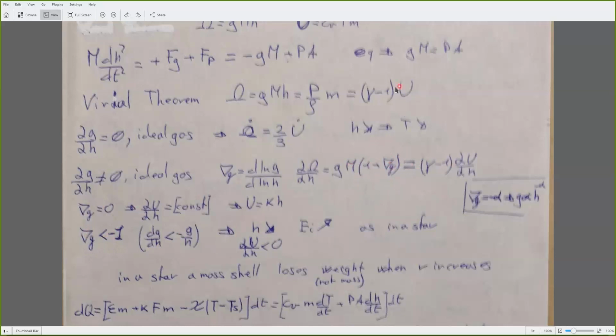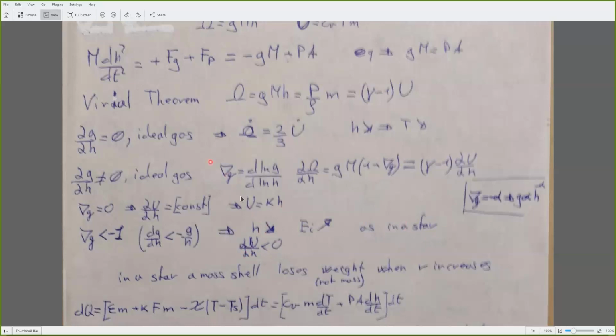So going back to the similar case for the stars, the internal energy's relative variation with respect to the height is less than 0. That means if the gas decreases in volume, so H decreases, the internal energy increases. That is exactly what we want, as in the star.